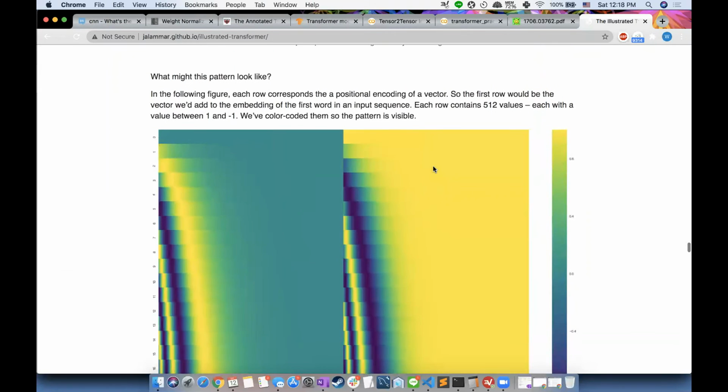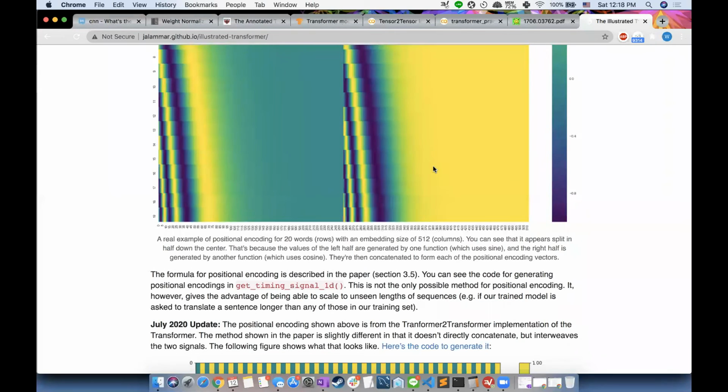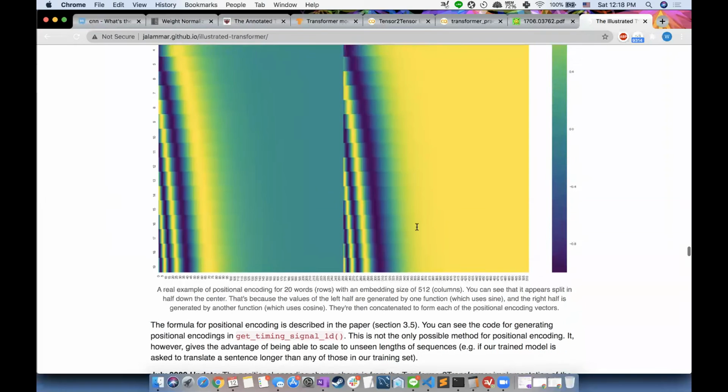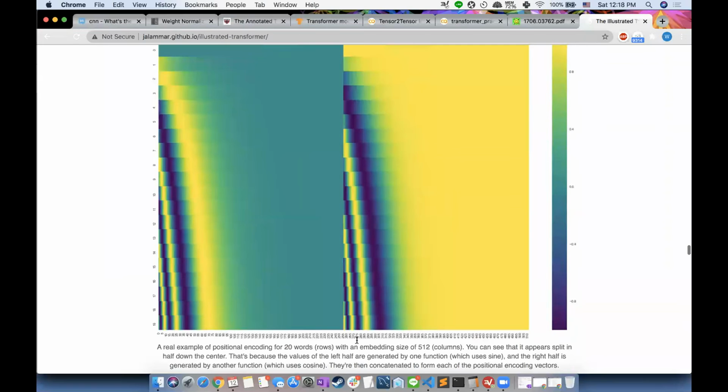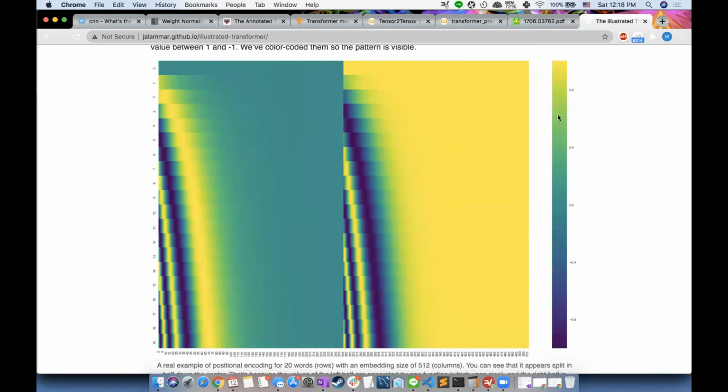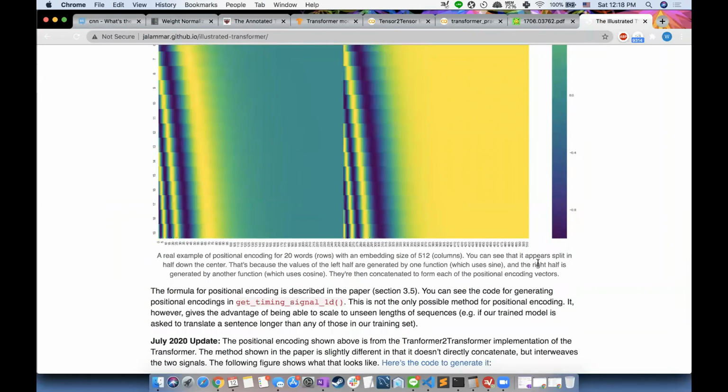Okay, so a real example of position encoding for 20 words with an embedding size of 512, so 20 rows, embedding size of 512, again 512 columns. You can see that it appears split in half down the center. That's because the values of the left half are generated by one function which uses sine, and the right half is generated by another function which uses cosine.